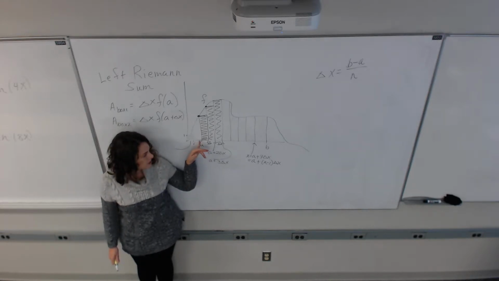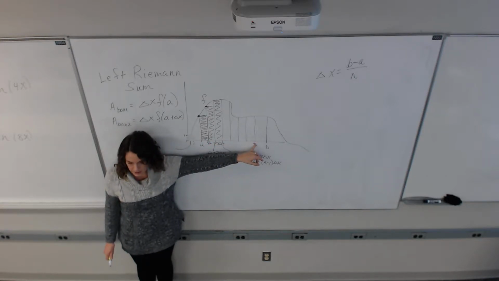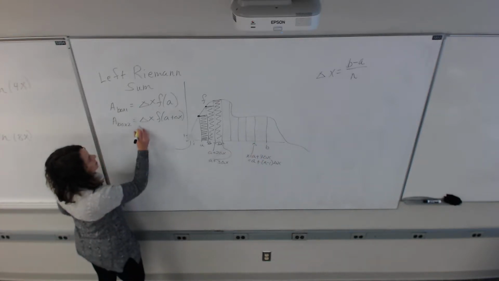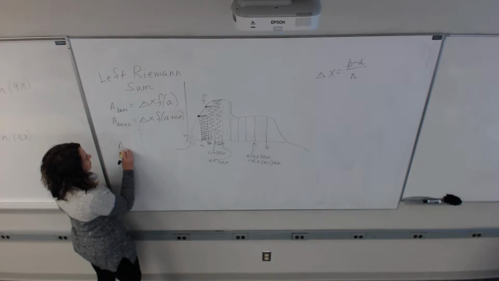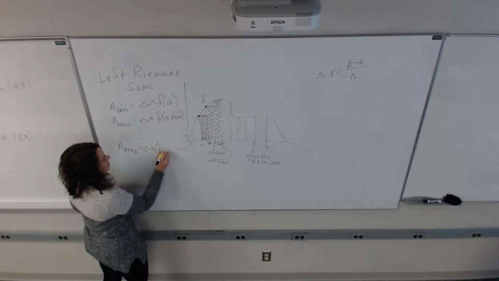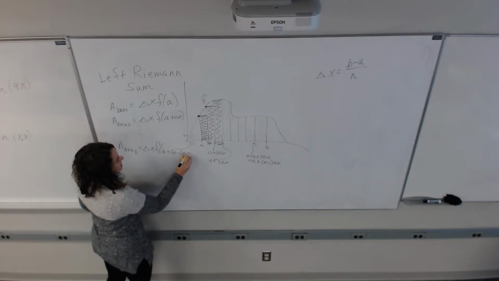So we would call this x0, x1, x2, x3, x4, x5, x6, and x sub 7, right? These are subscripts, right? So basically you continue in this pattern until you get down to your 8th box, which is delta x times f of a plus n minus 1 delta x.